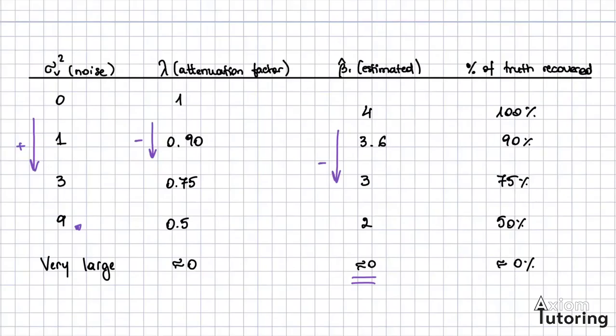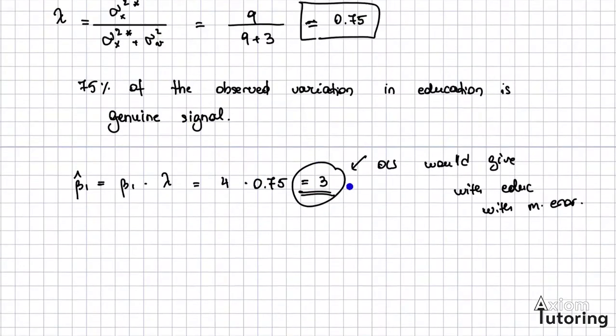Now, why does this matter for real decisions? Again, imagine the policymaker using noisy survey data to evaluate the return to education. And as we said in here, we would have estimated the beta as 3. So imagine a true effect where you have 4,000 pounds per extra year of education versus now the 3,000 pounds that we are estimating with bias.